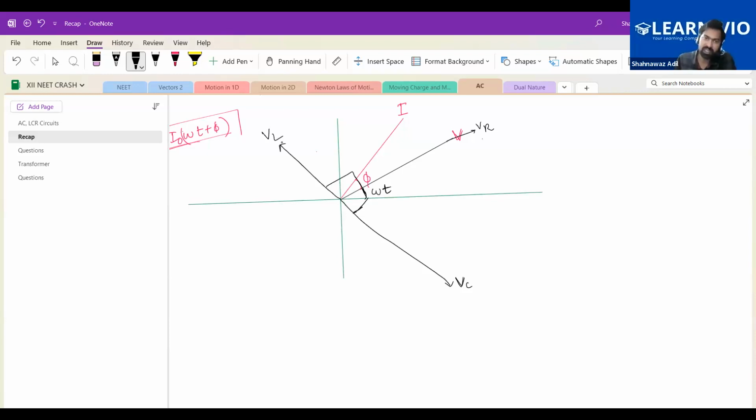And then we take the overall inductive and capacitive voltage. So this would be in here, VL minus VC. And then this is VR, right? So the overall thing would be how much? Let me write.